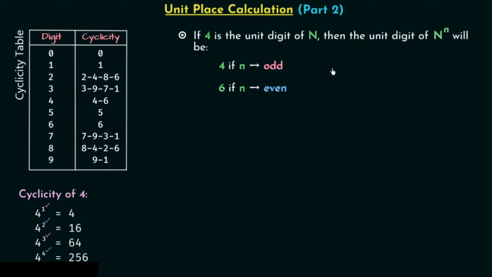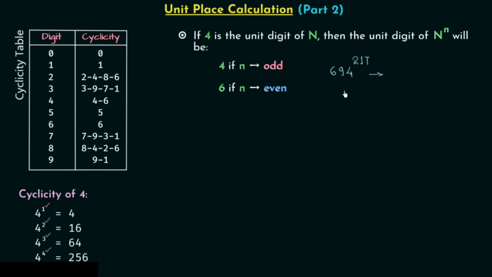Let's say we have a number 694 and this number is having the power equal to 217. Now we are required to find out the digit at unit place of this. We can see that number 694 has 4 at its unit place, and therefore we can use this rule to find out the digit at unit place of this power.